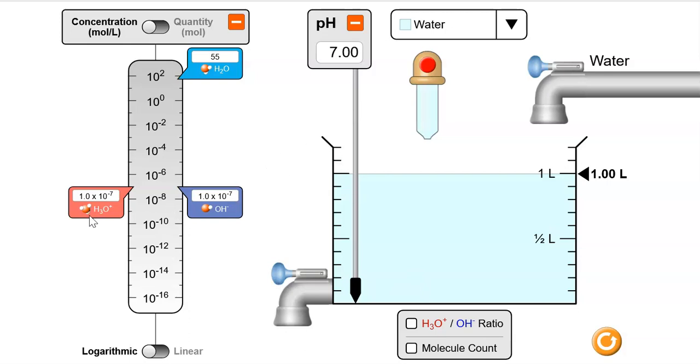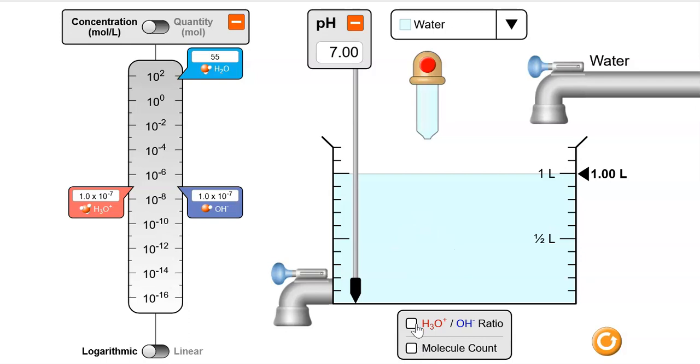And you can see that our concentration of this is really, really small. So pure water, even though it can separate into ions, or what we call autoionize, doesn't do it to a very large extent because water is pretty stable as a single molecule.